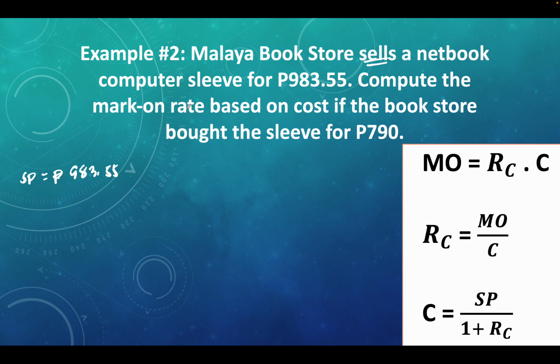Then, compute the mark-on rate based on cost. It is the one that is missing. If the bookstore bought, kasi sinabing bought, this is the cost. So, cost now is equal to 790 pesos.